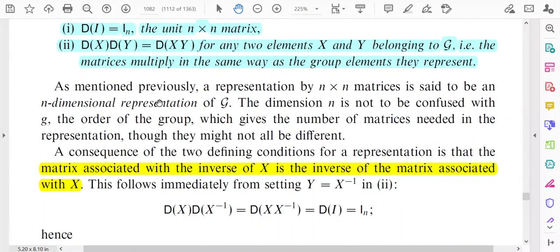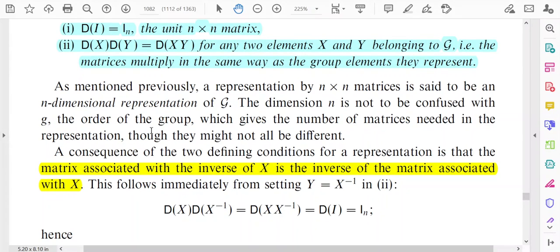As mentioned previously, a representation by n by n matrices is said to be an n-dimensional representation of G. Here the dimension n is not to be confused with small g, the order of the group.